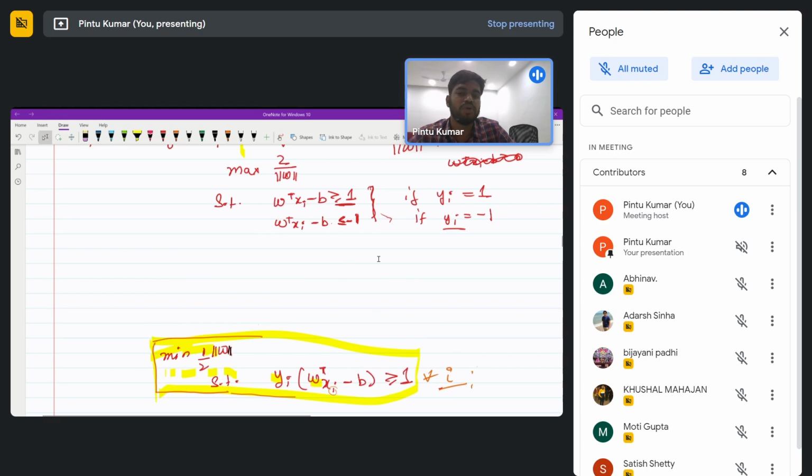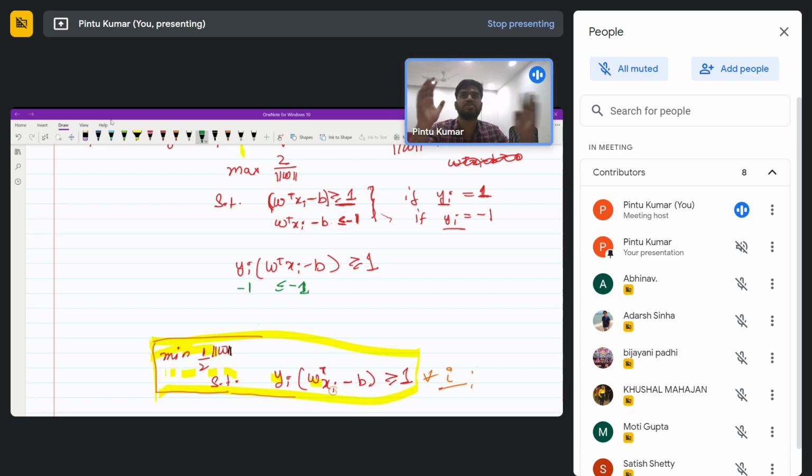Now we did nothing more. If you look at it, whatever I have written, this thing is greater than or equal to 1, right? Now if I multiply it by yi, that is +1, I get yi times W transpose xi minus b, also greater than or equal to 1. So the product will be greater than or equal to 1. Now for the second part, this thing is less than or equal to -1, and yi is -1.